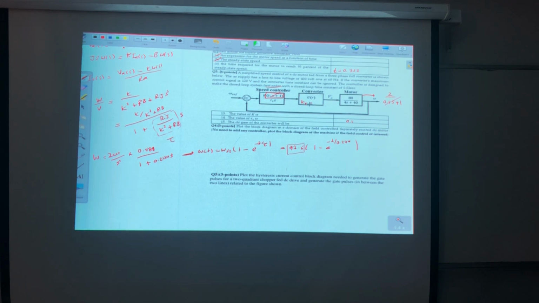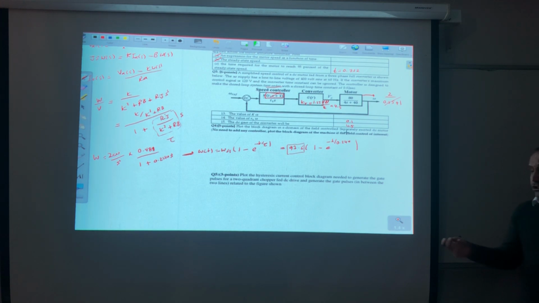If I need to calculate it, this is a 3-phase full converter, it will be 1.35 V line to line over VC. So if I do the math, this will equal 4.5. Did I need to solve anything? No.